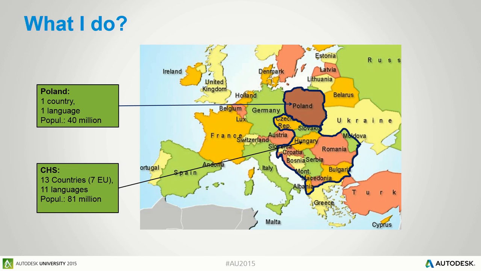So in fact, I'm covering a region with more or less 120 million people. And I am originally a land surveyor, but I'm working with, let's say, infrastructure designing software for more than 20 years. Scary number.